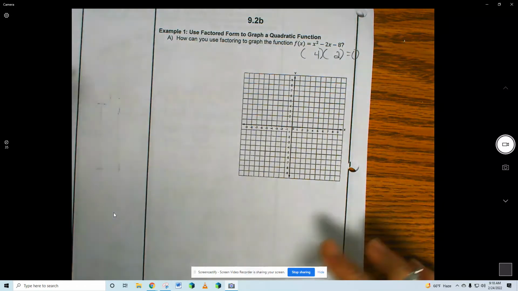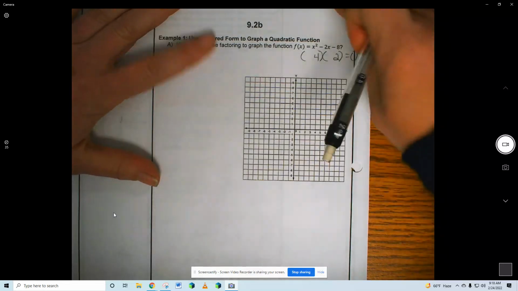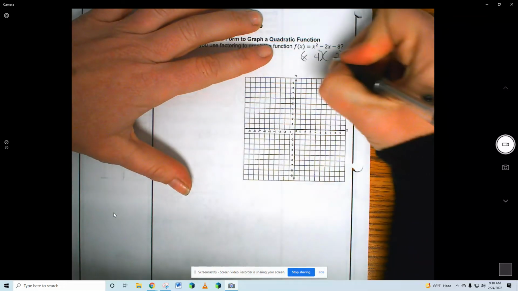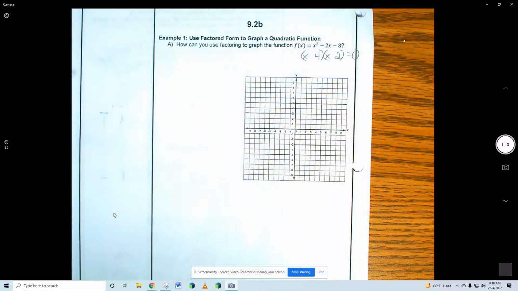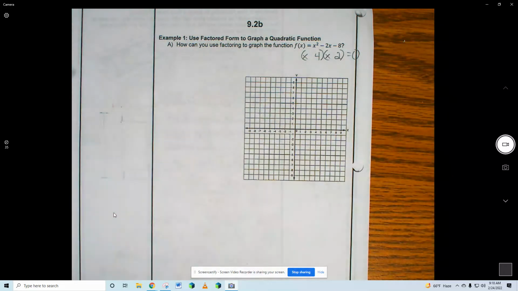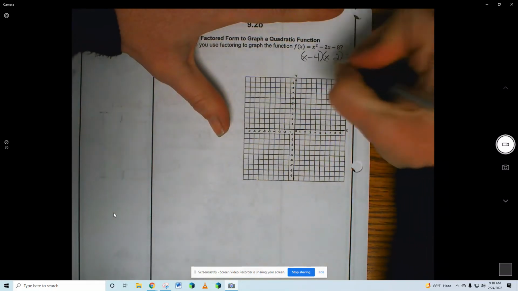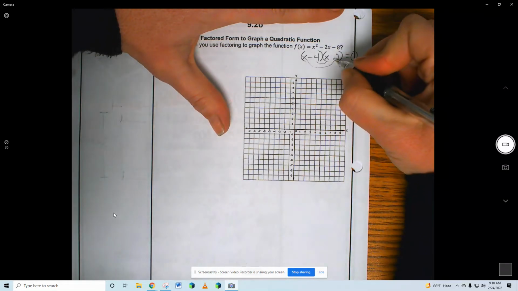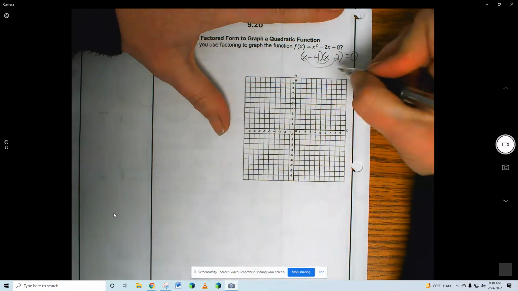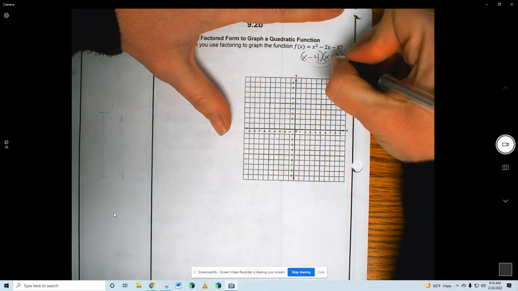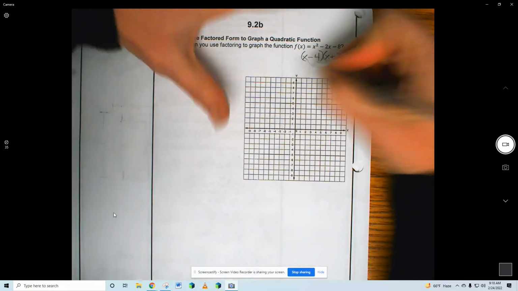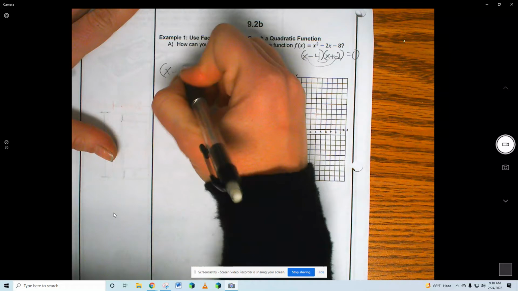And then for the x squared, x and x. I want them to add up to negative 2 and multiply to negative 8. Negative 4. Yep, and if you're not sure, you would do this inside-outside thing and say, how do I make it a negative 2? An x plus 2.